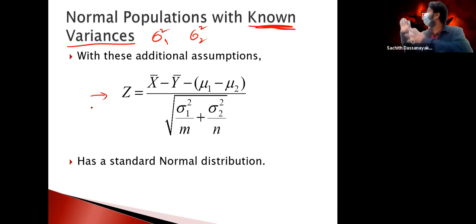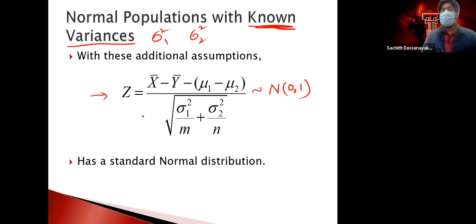How to calculate Z, I mean how to standardize, you should know this. It has a standard normal distribution with mean 0 and variance 1. This is the standardization process. Clear? Because we know these two sigma values, that's why we are talking about known variance. Populations are normally distributed, then samples are normally distributed. That's the case.